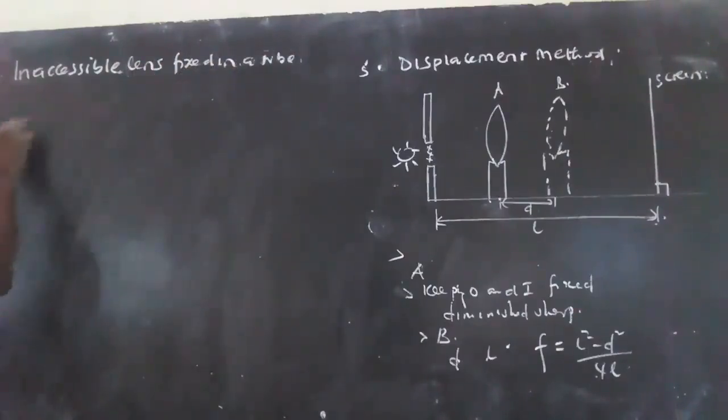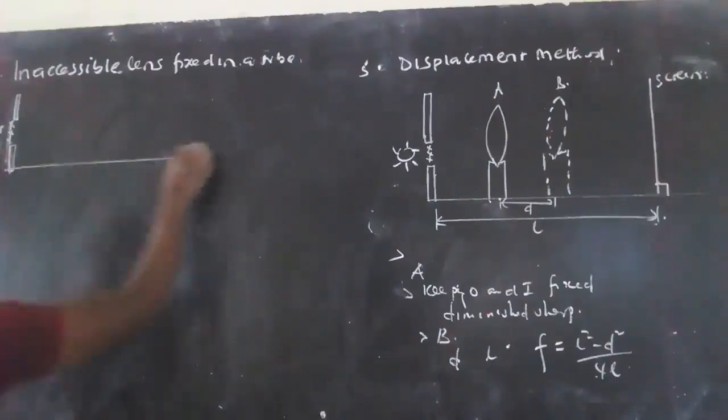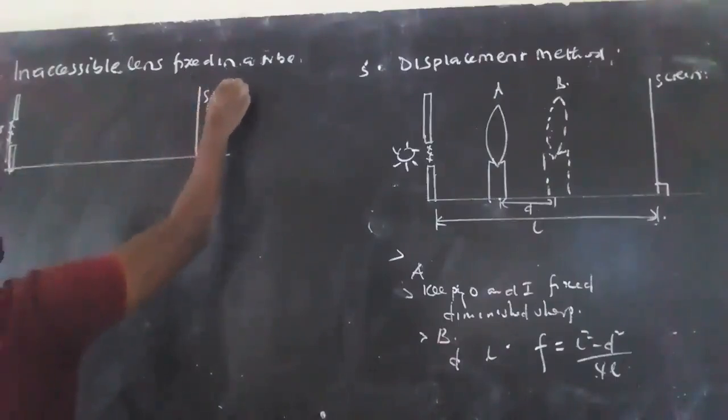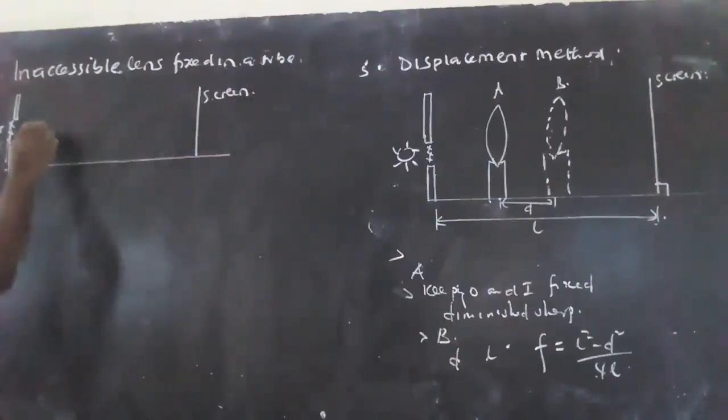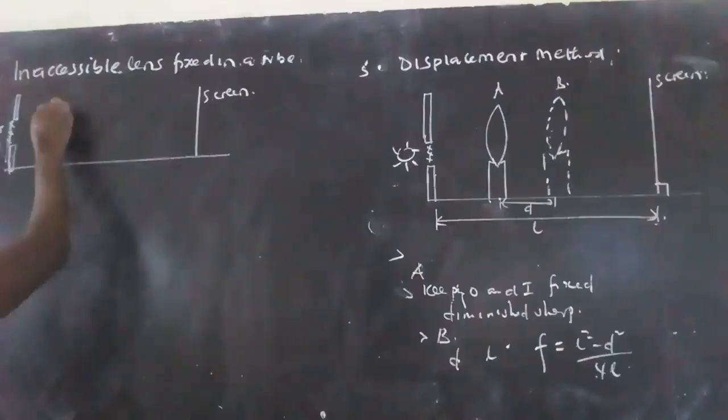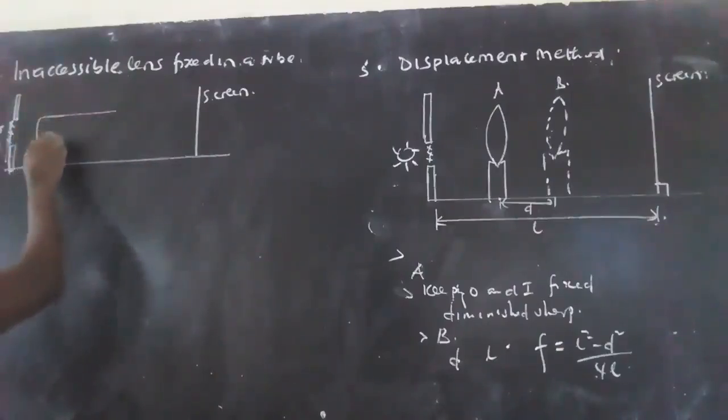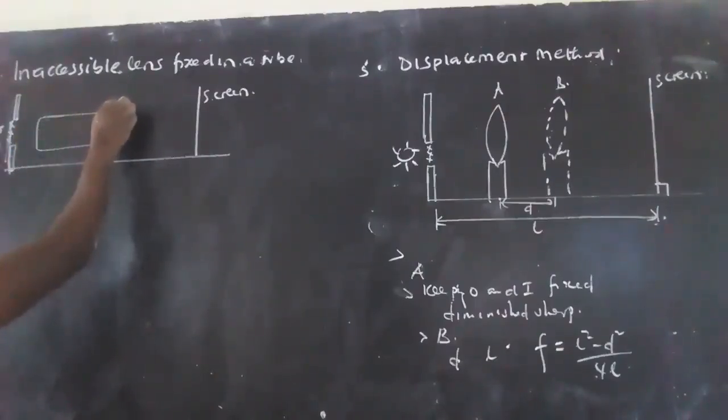So here we shall have this, then here we shall have the screen, and then here the tube is here.